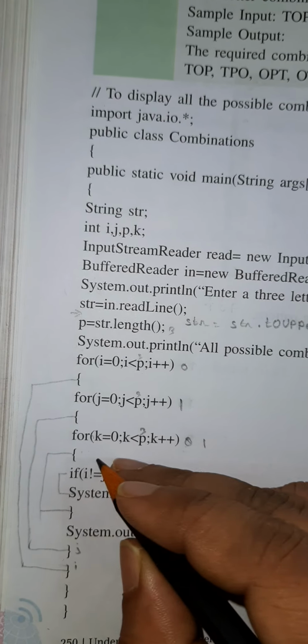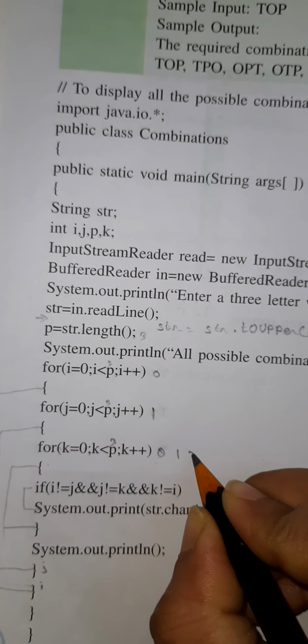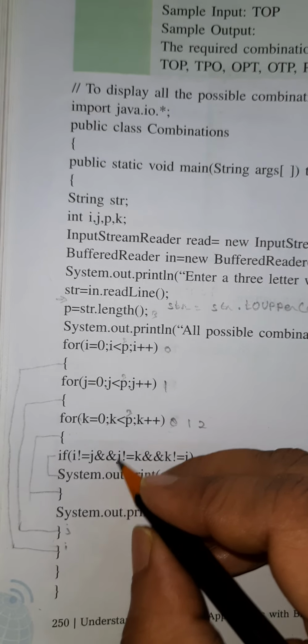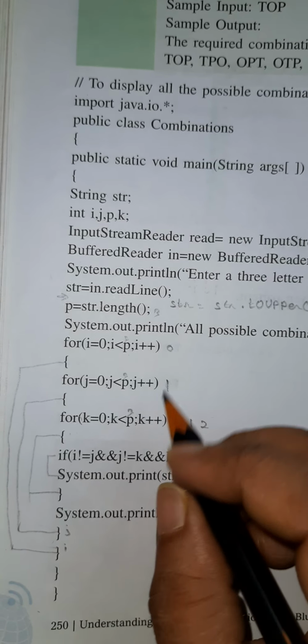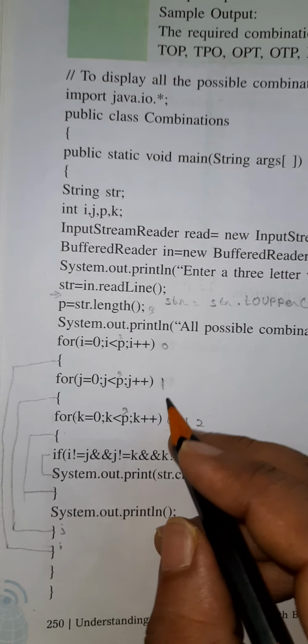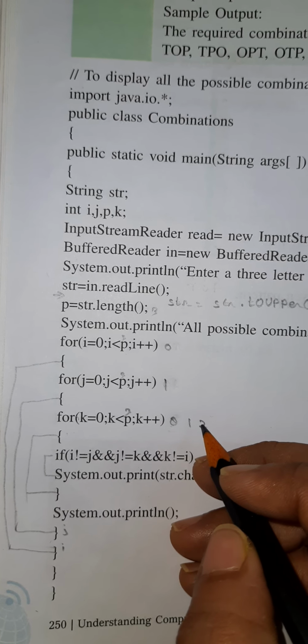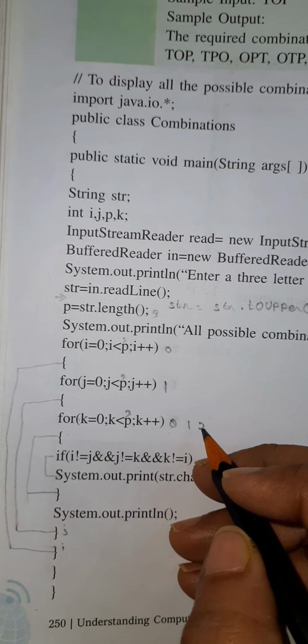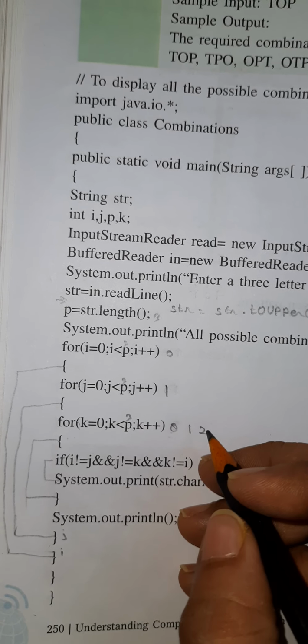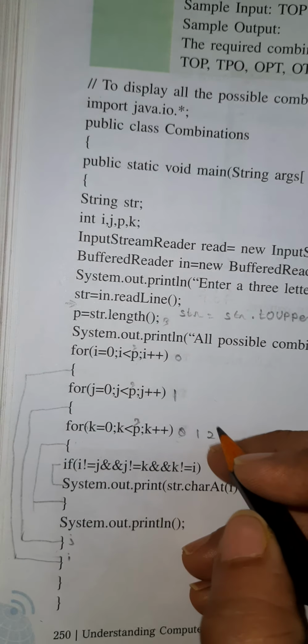Now k's value is 2. 2 is less than 3, condition true, so again it will enter: i is not equal to j, yes, condition true. j is not equal to k, k is now 2, so the condition is true. Next, k is not equal to i, again the condition is true.